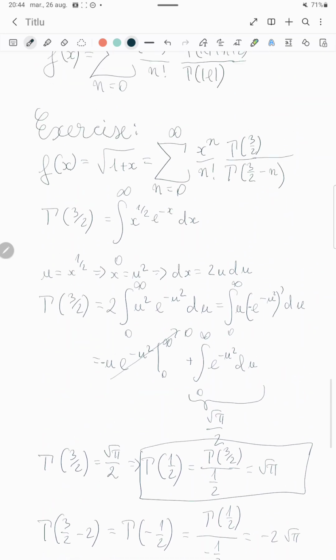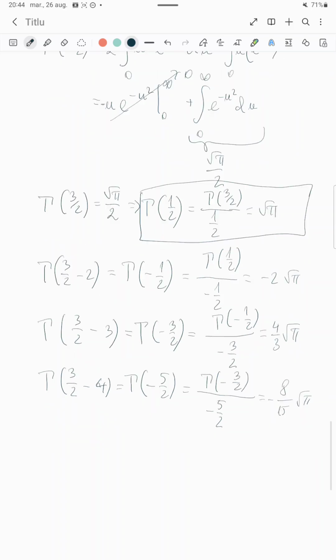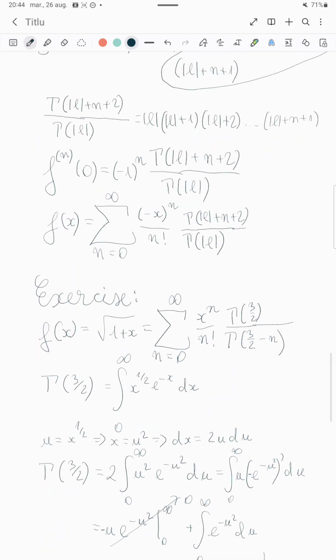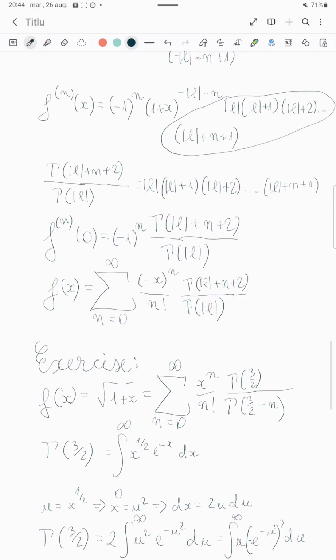I'm not going to calculate the rest of the terms, but I think you've got the idea. This is a way we can expand this relationship.